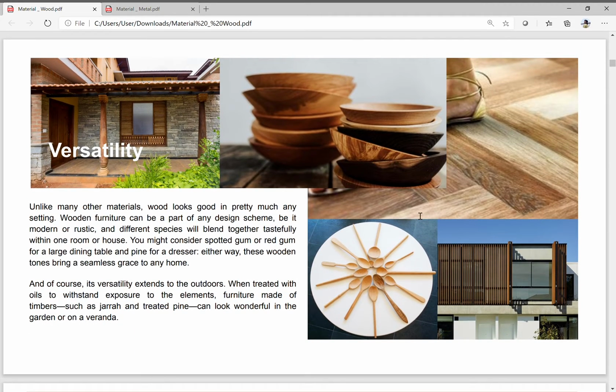Now, the versatility of wood. Unlike any material, there is a whole range of applications with wood. It would go well with any material finish, whether it be metal, stone, soft fabrics, or leather. With regards to versatility, wood is very flexible.